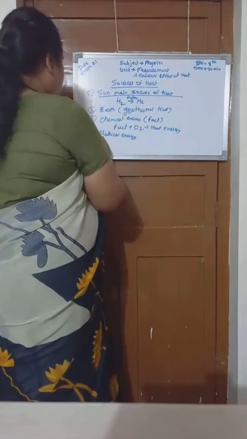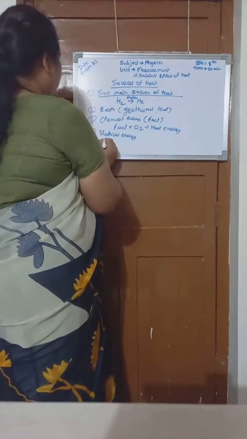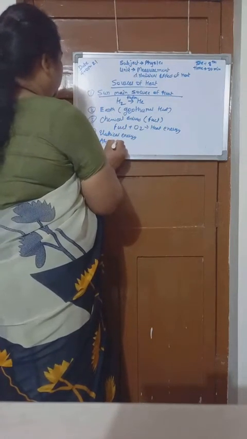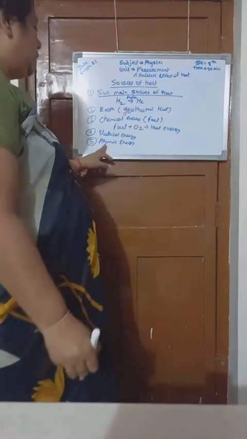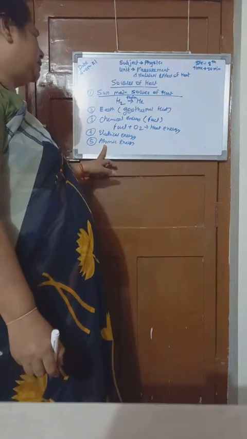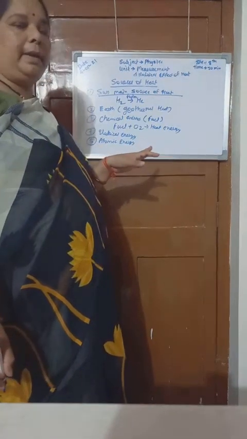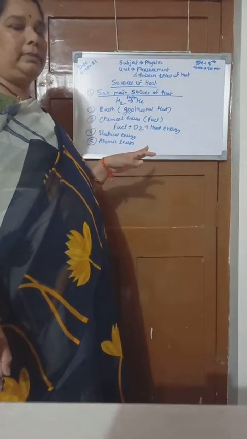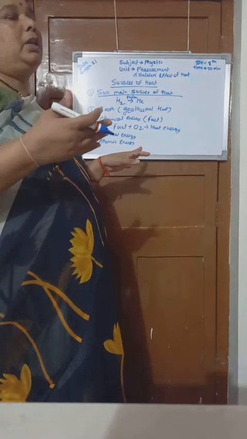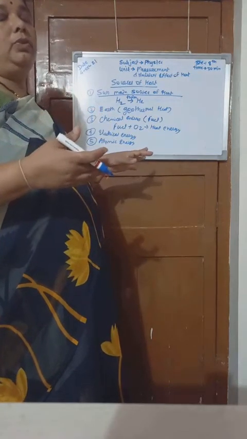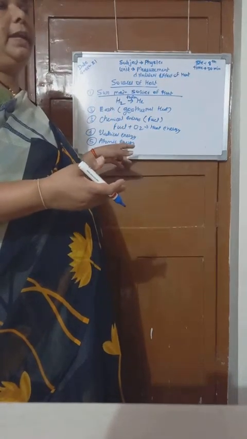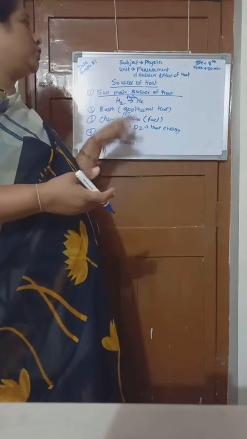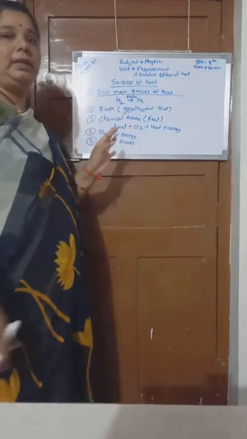Then next is atomic energy. In special substances, that is nuclei of some elements like uranium and thorium, there is nuclear fission. Due to this, tremendous heat is generated. Therefore, atomic energy is also a source of heat. Got it?